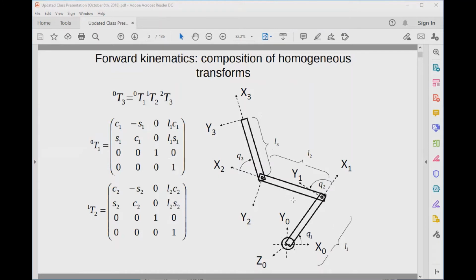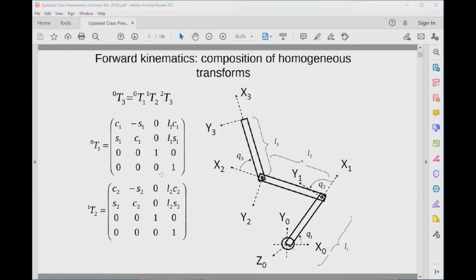Basically, that would be the homogeneous transformation between frame 1 and frame 2. Okay, so here you will use q2, and that q angle basically has to go all the way to this line, right? It doesn't actually end at y1, it actually ends at x2. So q2 locates vector x2 with respect to x1. So angle q2 is between x1 and x2 and not x1 and y1.